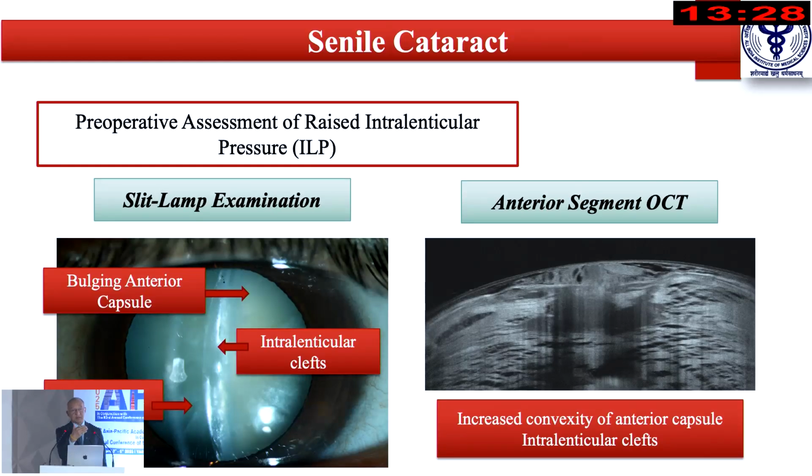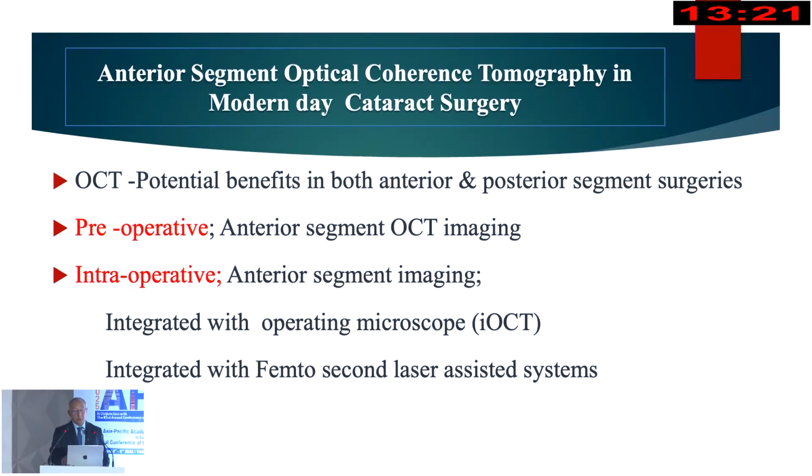But with an OCT picture, you have time, you can assess these patients appropriately, and plan your surgery accordingly also. So we do have various methods to see the entire morphology of the cornea, cataract, lens, and other areas also. You have pre-op anterior segment OCTs, high definition ones we have nowadays.